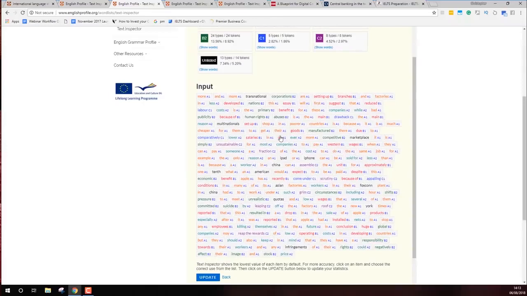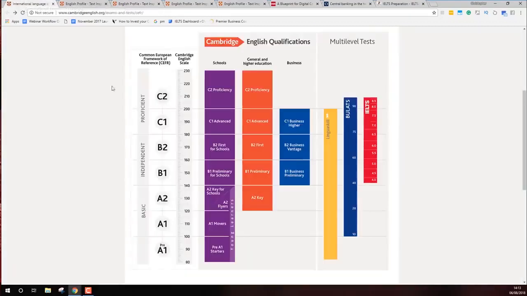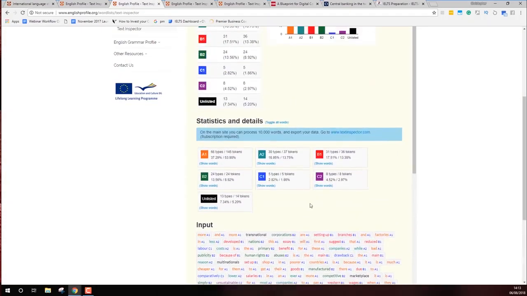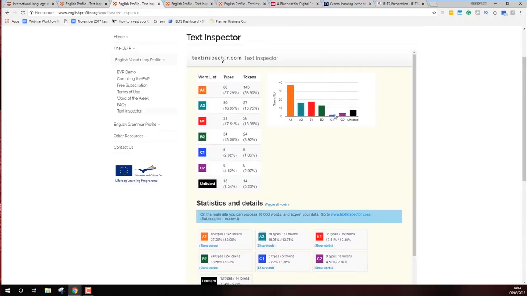What I've done is put one of my essays into it, and it categorizes all the different words: A1, A2, B1, B2, C1, C2, and there's some unlisted that it doesn't recognize. So it tells you the basic words you're using and the higher level words. The interesting thing is this bar chart.